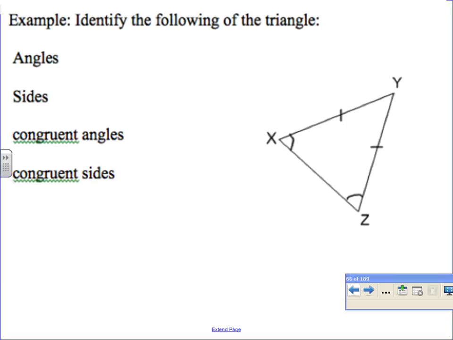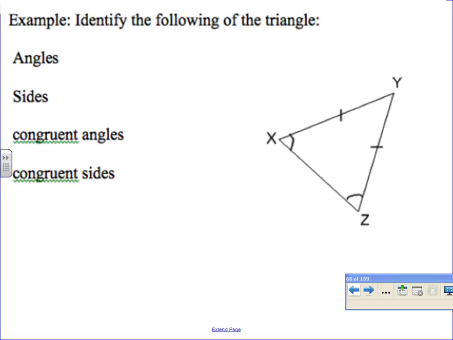Annalise? You can write any of them. Well, no, you can write them anyway, but you have to write down what all three angles are. So you could do like angle Y, or you could do angle X, Y, Z. Those mean the same thing. But there's three angles. You have to write down what all three of them are, but you can write it either way.